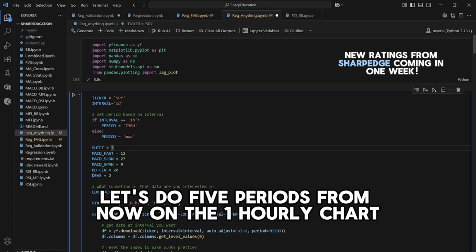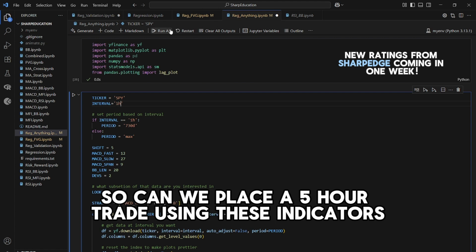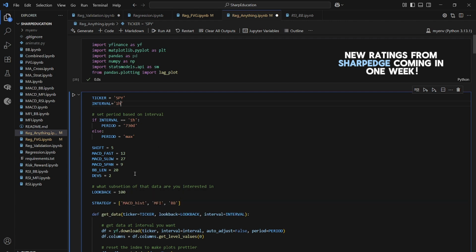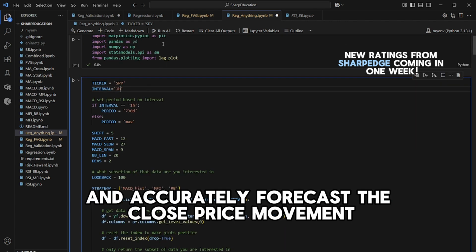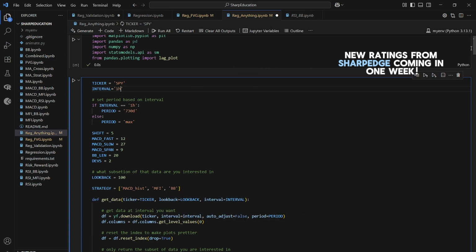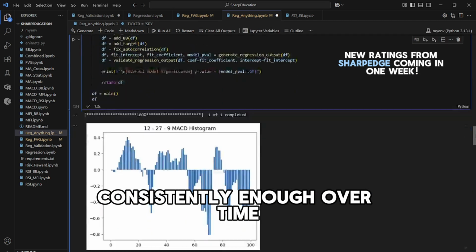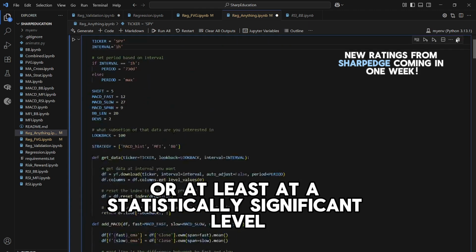Now let's do 5 periods from now on the 1 hourly chart. So can we place a 5-hour trade using these indicators and accurately forecast the close price movement as a percentage consistently enough over time, or at least at a statistically significant level.